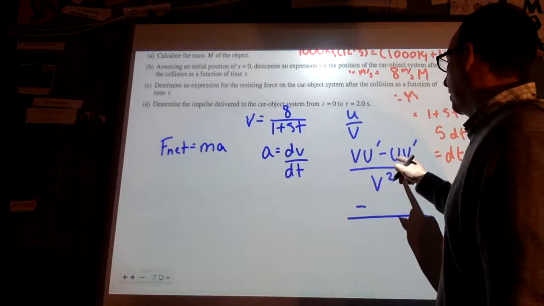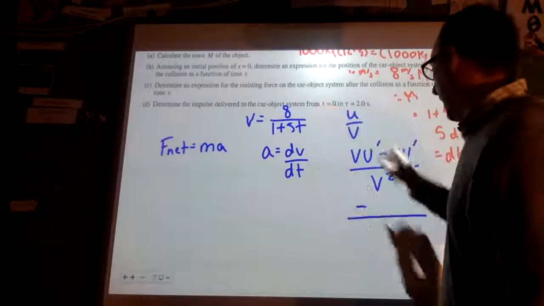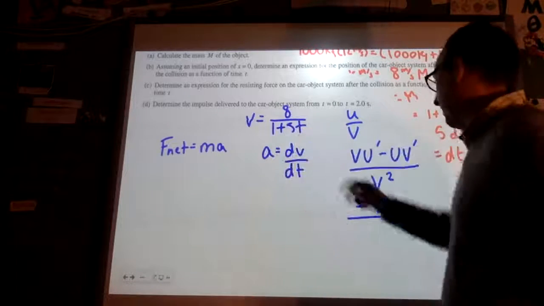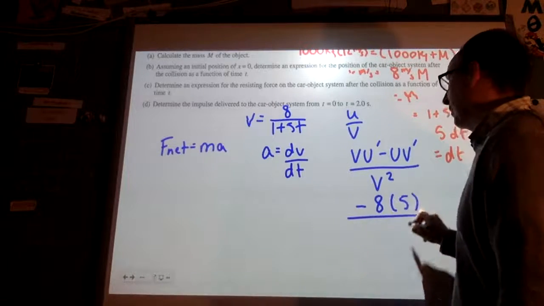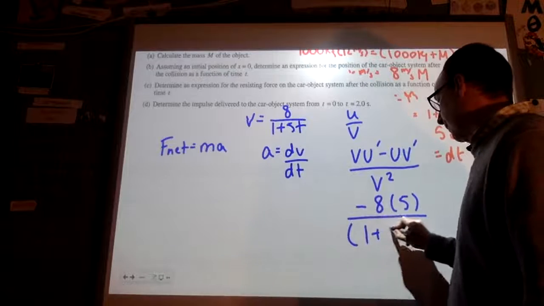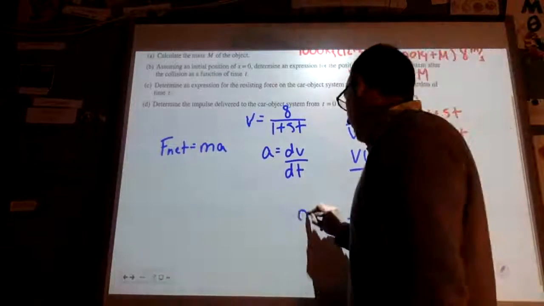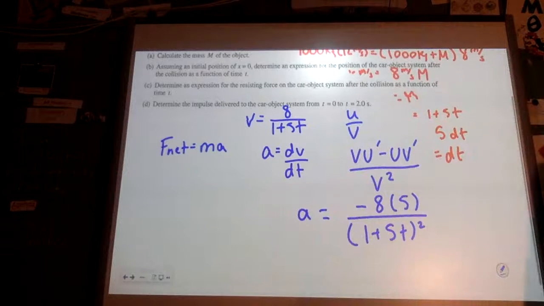And then I'm going to have u, which is 8, times the derivative of v, which is 5, over 1 plus 5t squared. So this is going to be what my acceleration is.